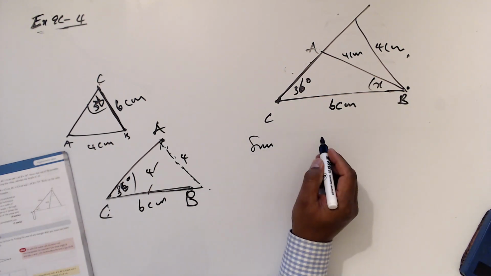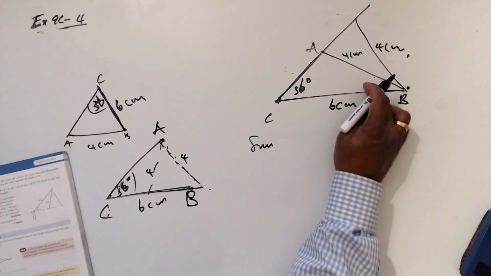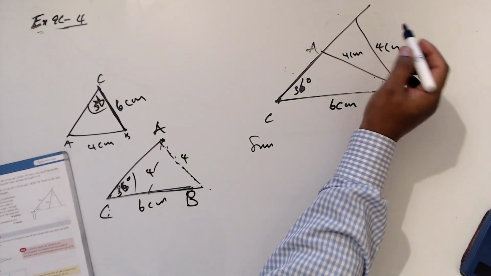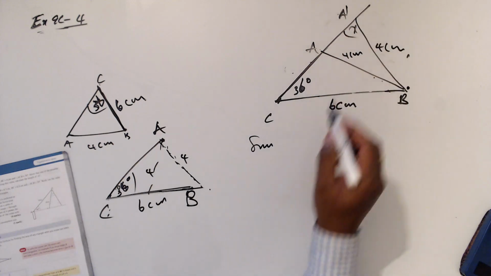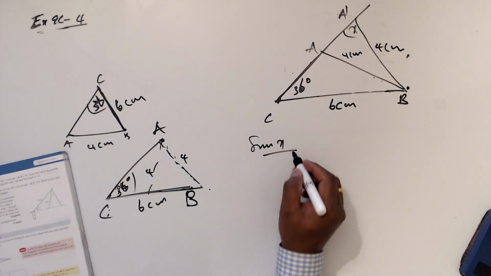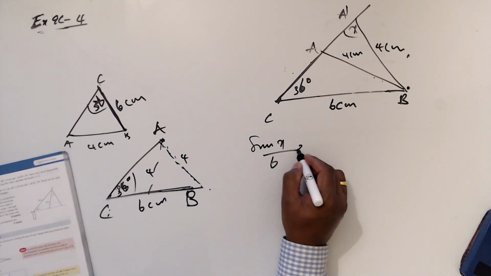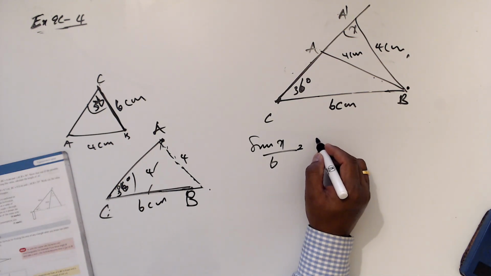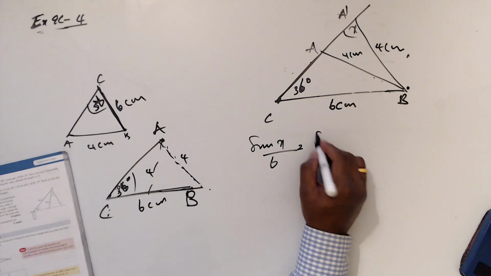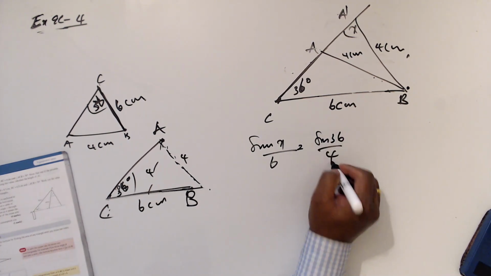Sine. I'll take, this is not the X, I'll take as this one. A dash, sine X over 6 equals sine 36 over 4.